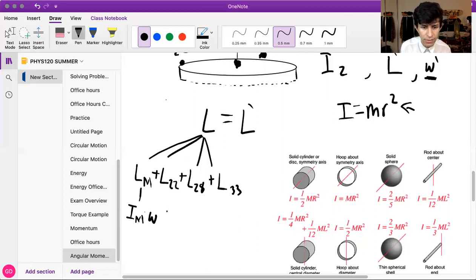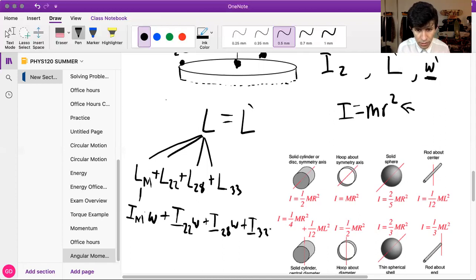So all of these have the same angular velocity. Sorry, I keep interchanging all these words. Plus I for 22 omega plus I for 28 omega plus I for 33 omega. Okay, you get the picture.